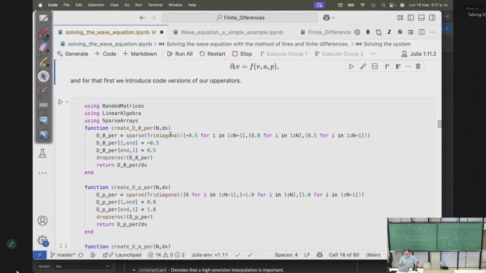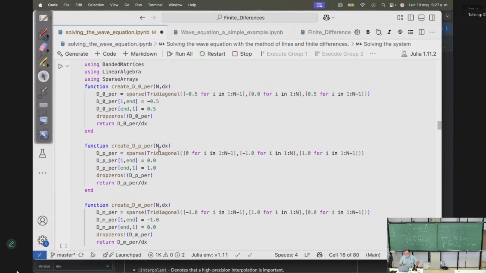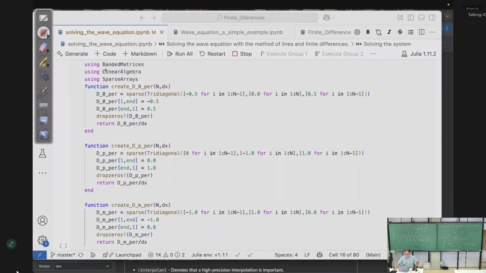So here we first create the derivatives, the finite difference approximations. For that it is convenient that we use these libraries: banded matrices, which allow us to say, okay, what is a tridiagonal matrix; linear algebra for doing this algebra; and sparse array.